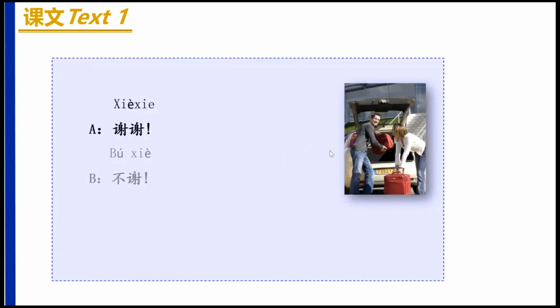And let's move to the text part. Text 1. First, try to read this out. 谢谢，谢谢，不谢，不谢。So this conversation is the daily use way.